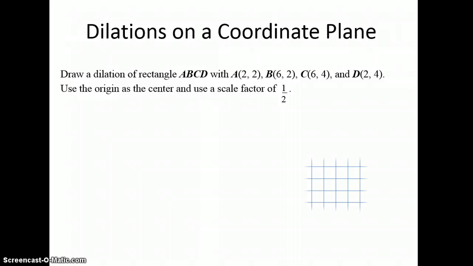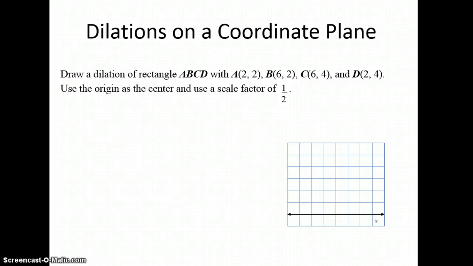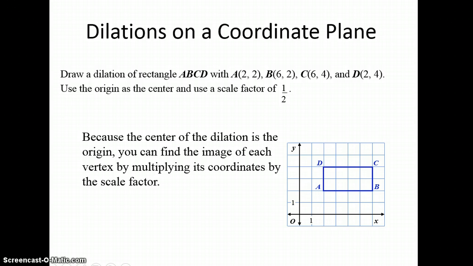If we wanted to dilate a figure on the coordinate plane, let's look at the rectangle ABCD. A has the points 2, 2, and it's plotted here. B is 6, 2, C is 6, 4, D is 2, 4. They've all been plotted. And I want to use the origin as the center and use a scale factor of 1/2.